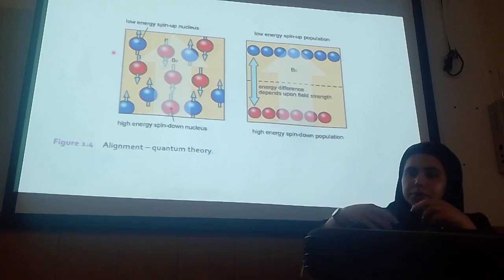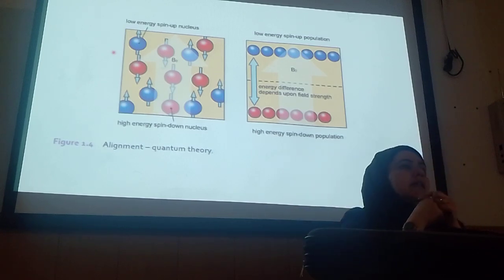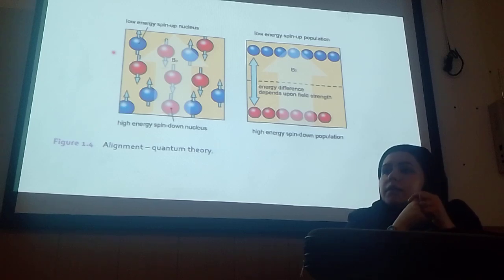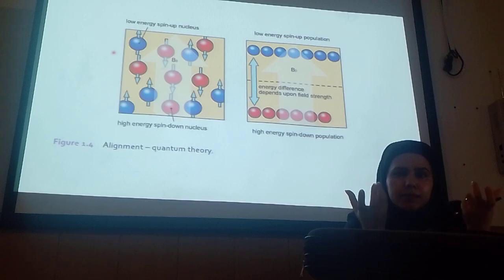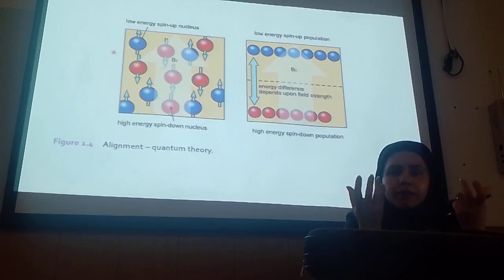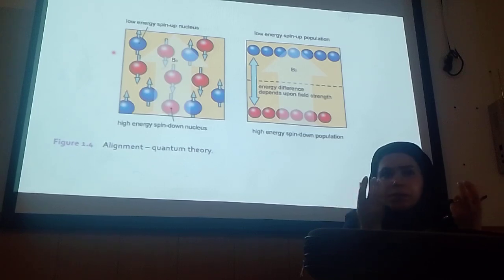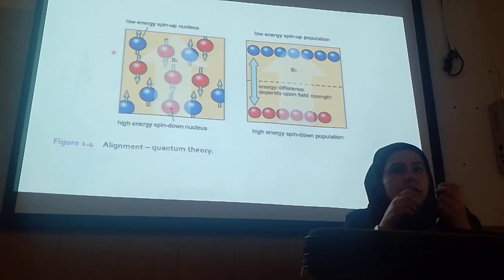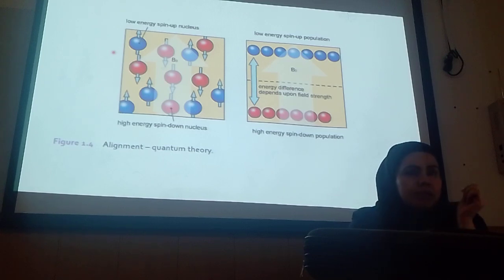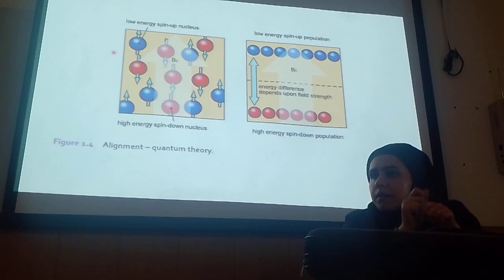In this situation, as I told you, we can produce a constant magnetization. This constant magnetization can produce current in a loop. Producing current in a loop is signal. Signal means producing voltage or current in a loop.